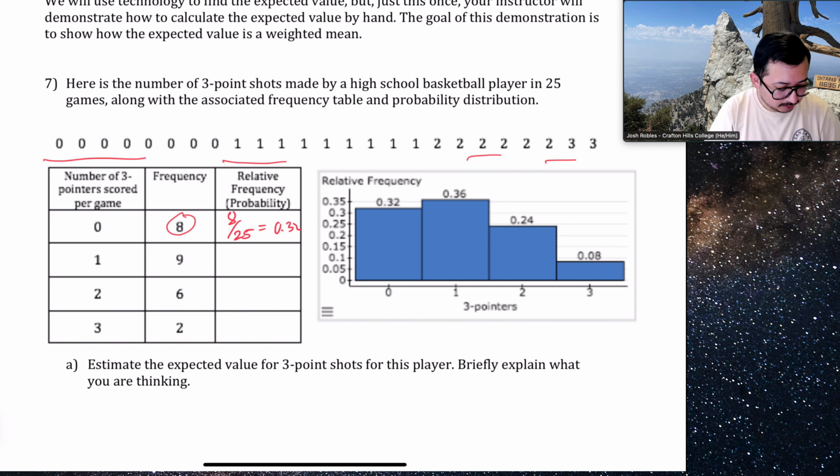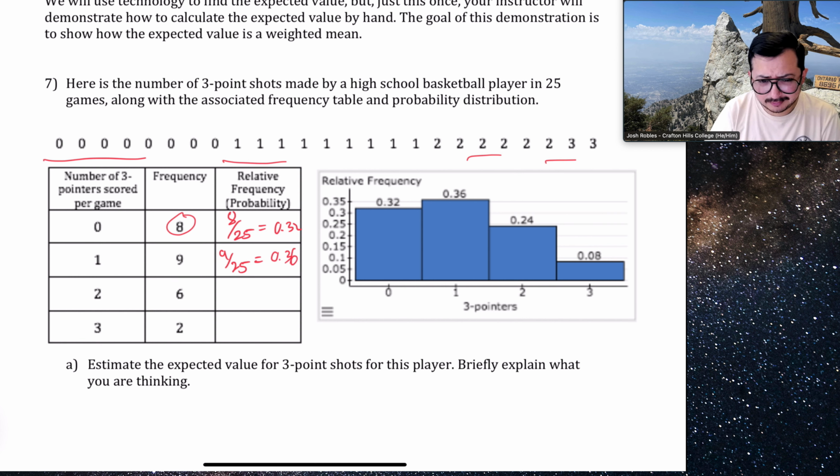I'm going to double check. 32%. All right, the graph there is from StatCrunch, so we should trust it. This is the exact same data, so 3 different visuals of the exact same data here. So 9 out of 25, that's the 36% you can see there. 0.36 is the probability.